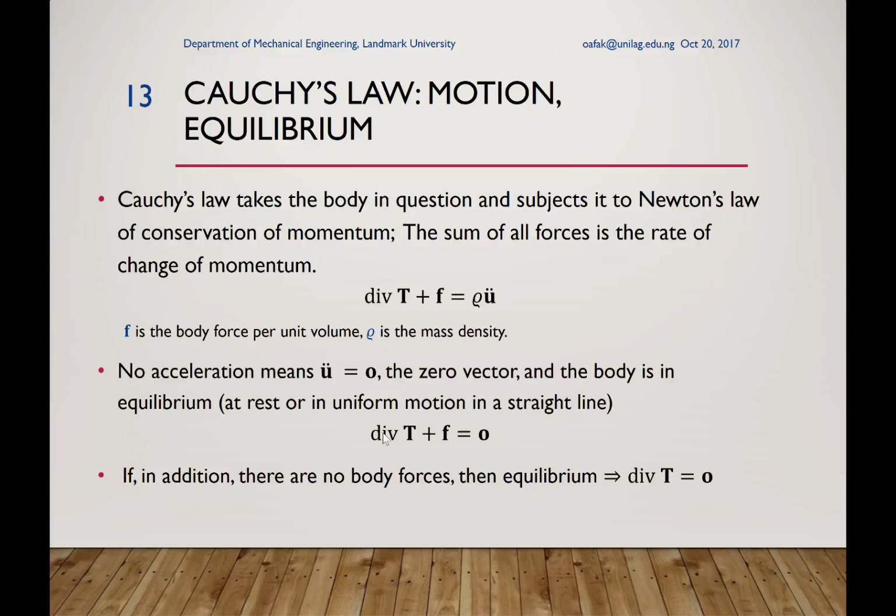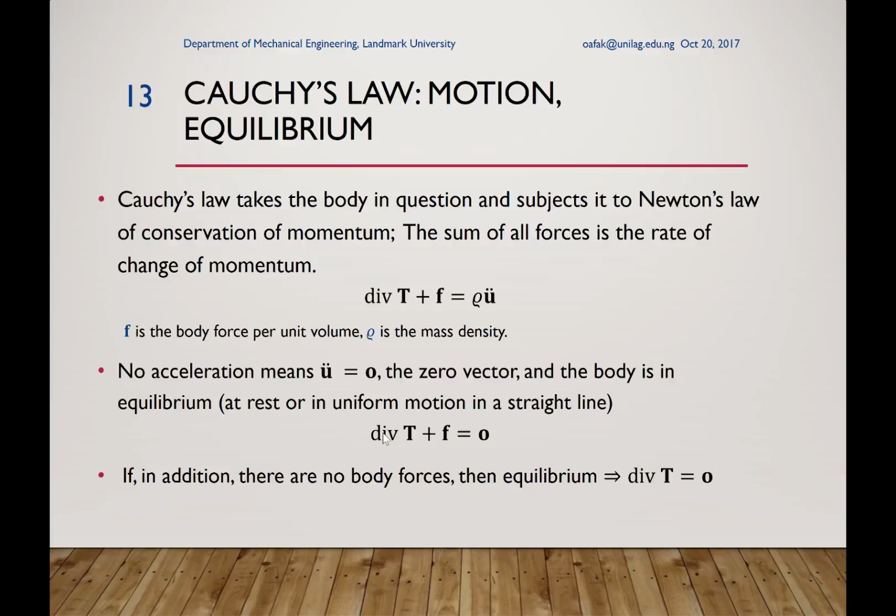The first equation, as we said, is the first law of motion by Cauchy. And it states, as we can see here, that the divergence of the stress tensor plus the body force per unit volume is equal to the density multiplied by the acceleration. F here is the body force per unit volume, and rho is the mass density.